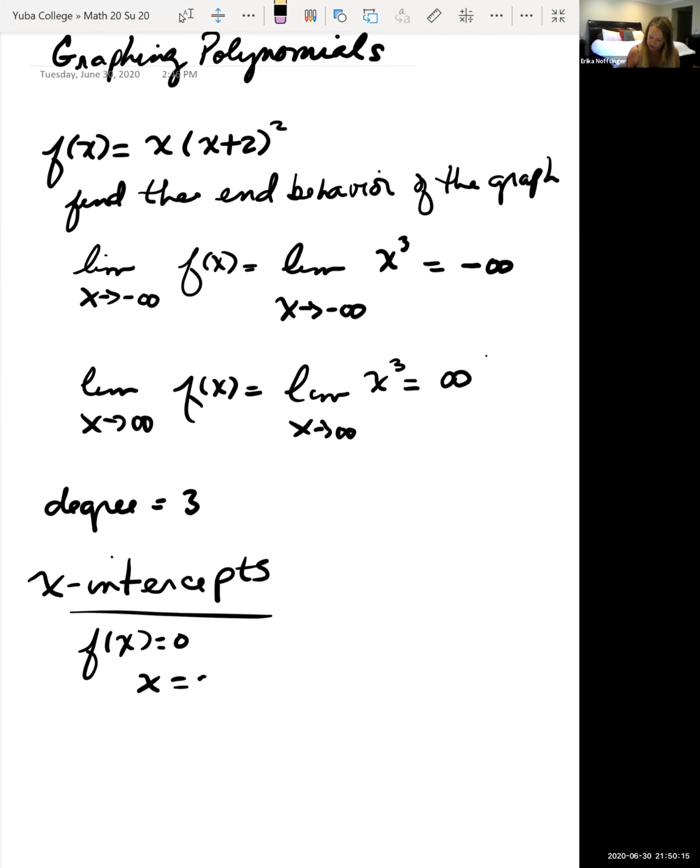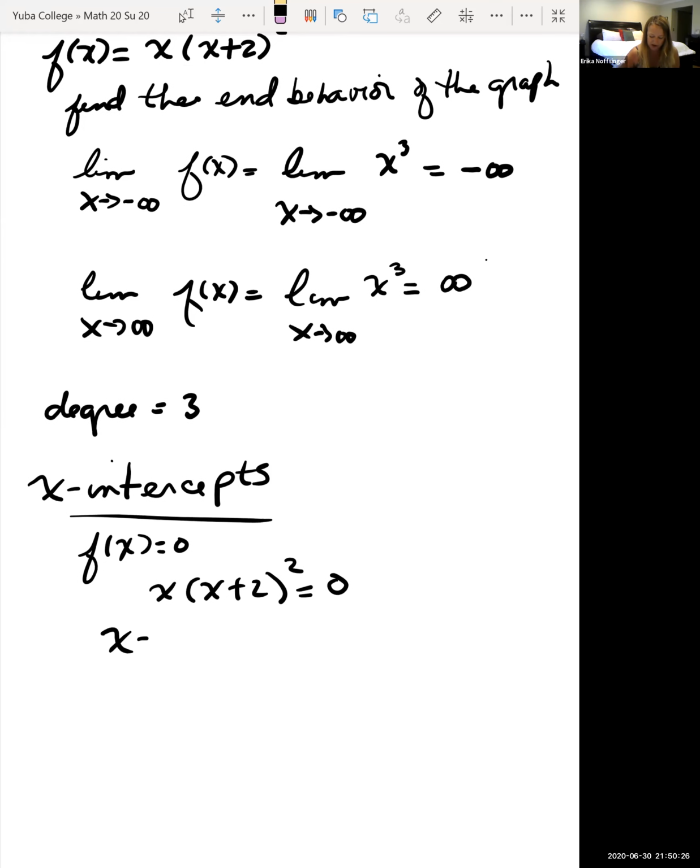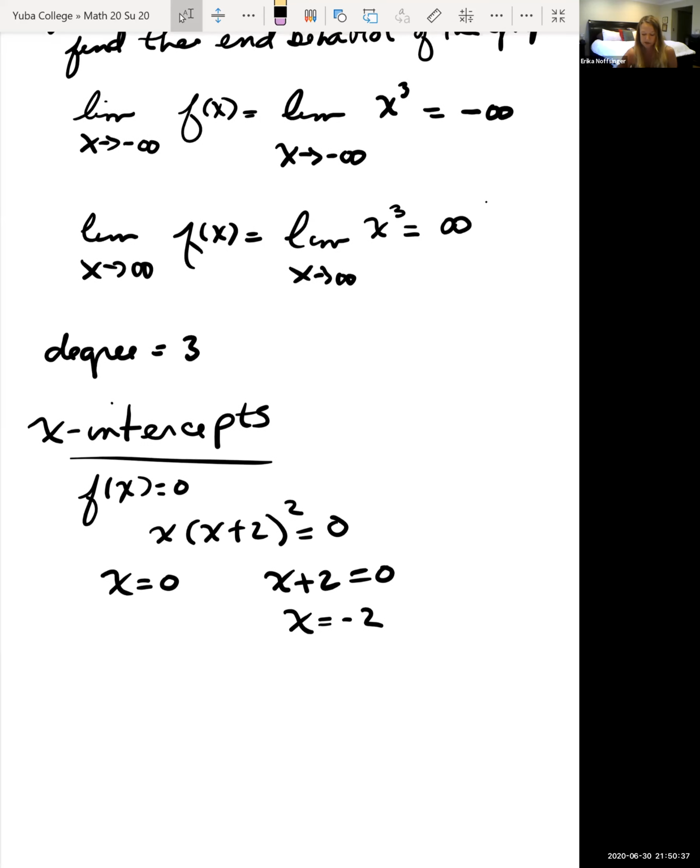So we're looking at when x times (x plus 2) quantity squared equals 0. That's when our factor x equals 0 and our factor x plus 2 equals 0. So we have two x-intercepts, 0 and negative 2.